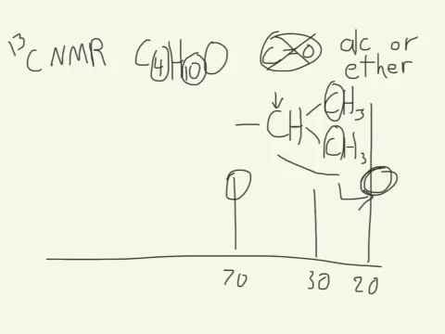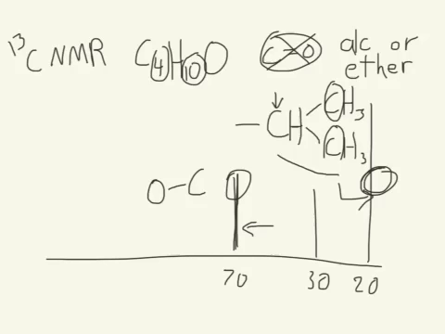Before we go on, let's make one thing clear. We know that the carbon that's responsible for the signal at 70 is bonded to the oxygen, because that's how you get a signal up to 70, by having the carbon bonded to something like the oxygen.